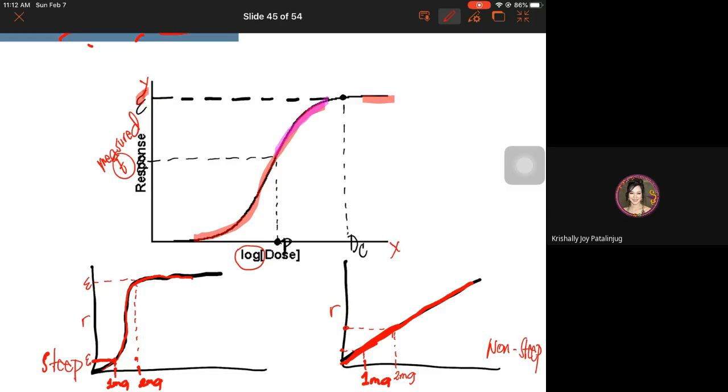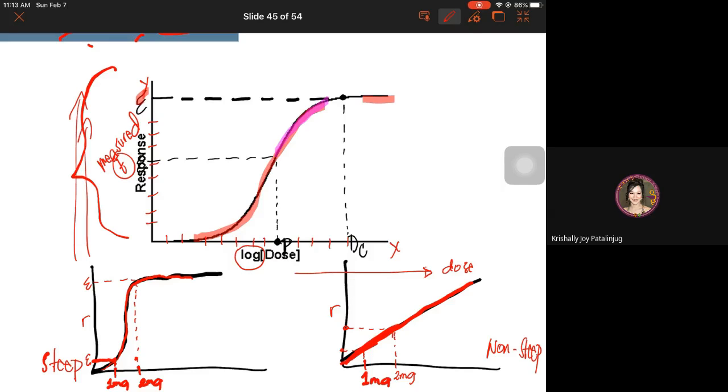Okay, so let's go back to this graph. As shown also in the graph above, we can observe the definite proportional relationship between an increasing dose, going to the right, and the increasing response or magnitude of its effect, as shown by this dose response curve.